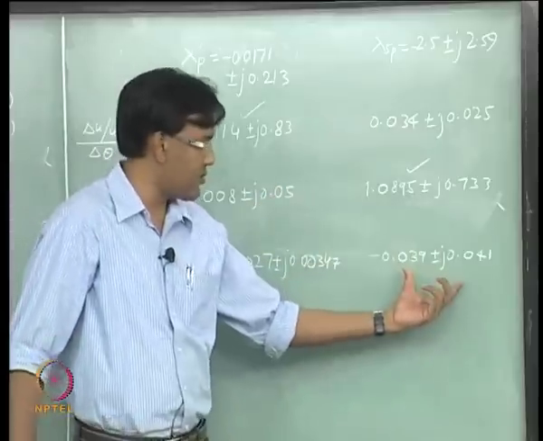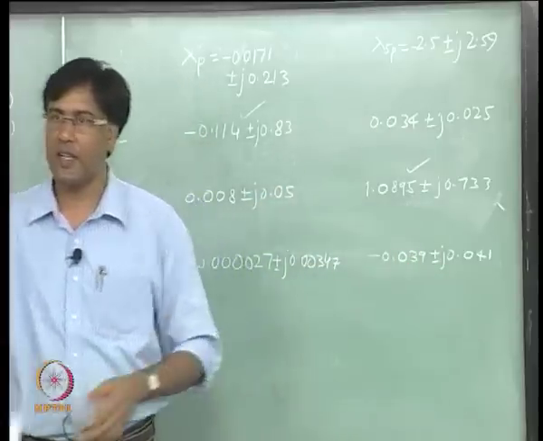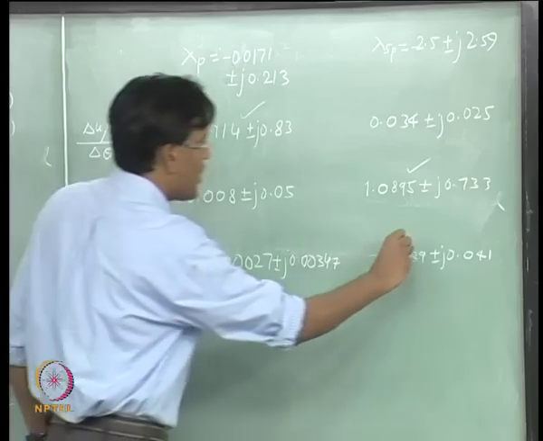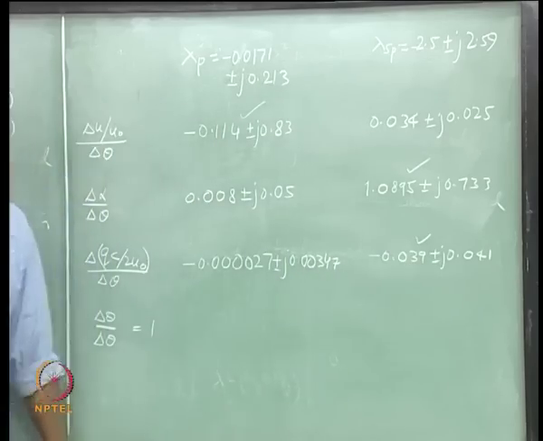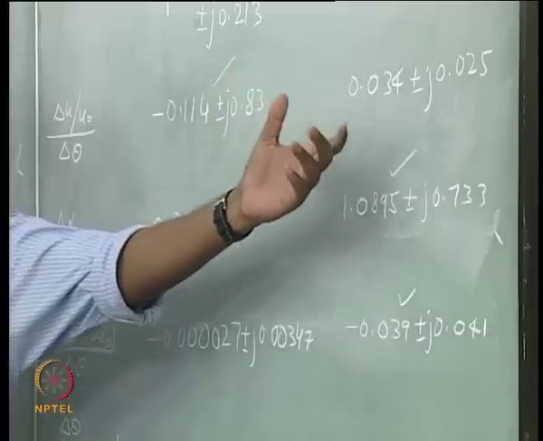In short period, as compared to phugoid, it has a larger magnitude, right. So, using delta alpha and delta q for the short period was a good approximation, and dropping delta u.